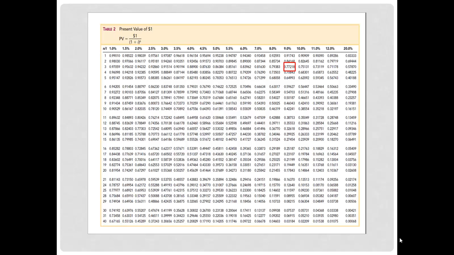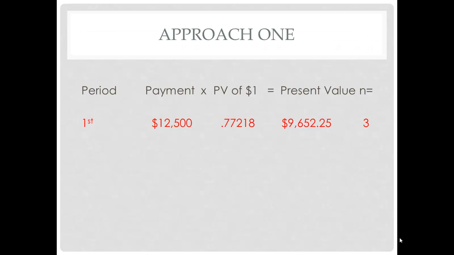So we are going to take a look at table 2, present value of a dollar, at 9%. N equals 3 would be 0.77218. We'll multiply that by 12,500 and we'll get a present value of $9,652.25.